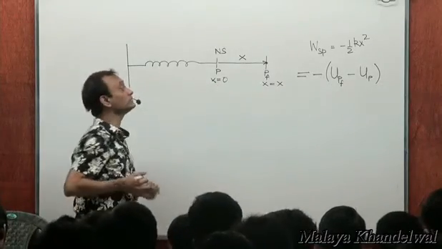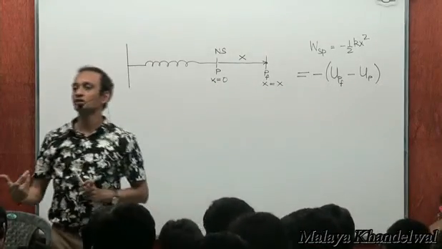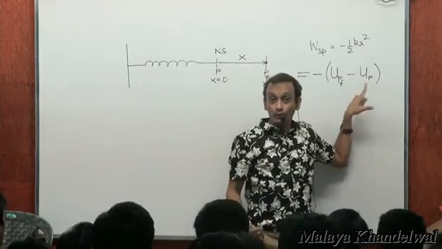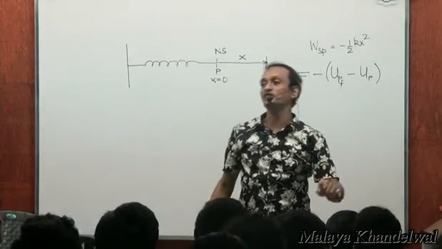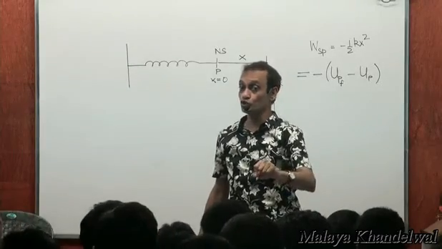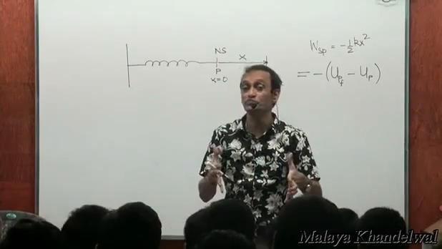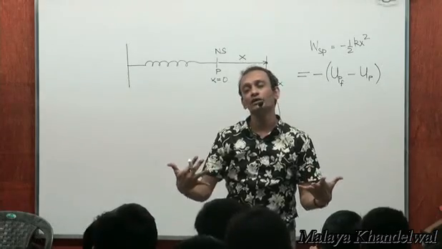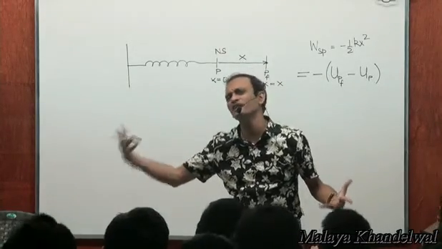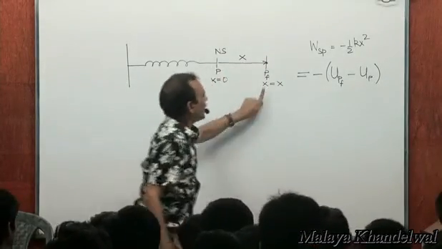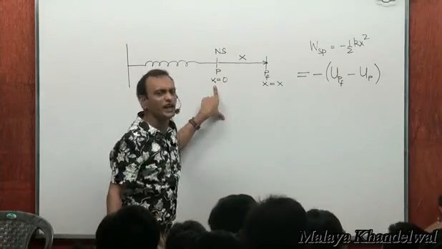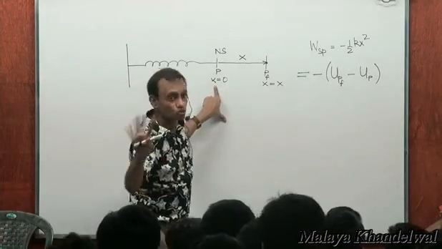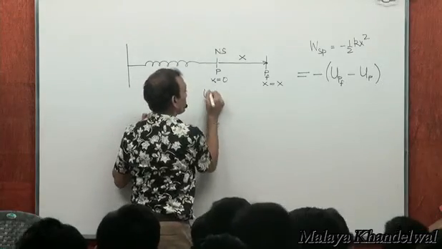Right? Now, in this case, I have no way to find UPF and UP, but I have a choice that I can conveniently make. I can choose the point P, the natural state of the spring, as my reference state. If I choose that as a reference state, then I might as well call UP to be 0. If you don't want to do that, don't do that. That's your choice. But I'll do that.